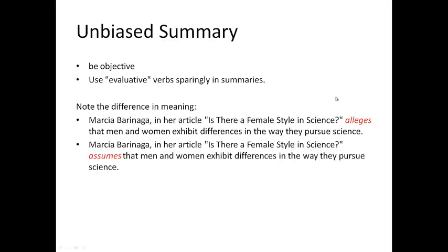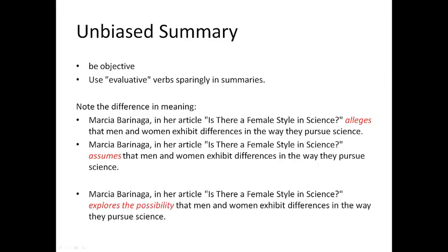So you can see you've got a denotation and connotation problem with these two words. So in order to do this so that you have an unbiased summary, a better way might be to say something like explores the possibility instead. You could also use a word like discovers or examines, scrutinizes, investigates, researches.